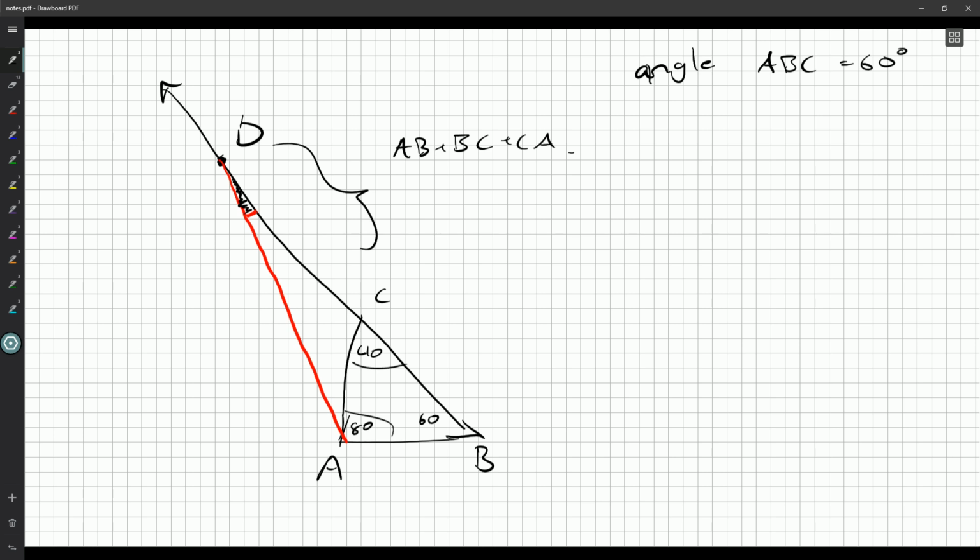So I noticed that A, B, and D as a triangle still has this 60 degree. Is that going to be useful? Is that going to be helpful? Well, whatever this triangle is, maybe call it x, add it to 80.